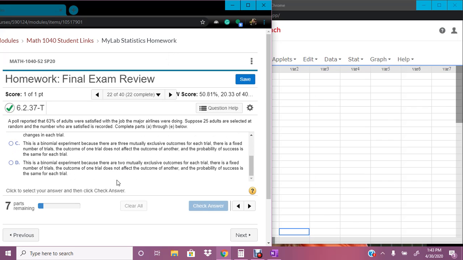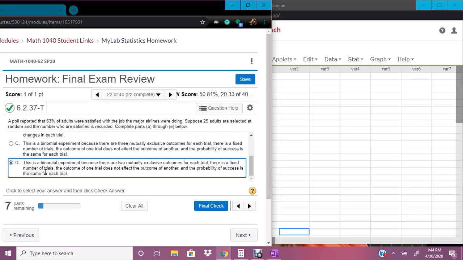So it looks like this one is what I just said: two mutually exclusive outcomes, fixed number of trials, outcomes do not affect each other, the probability of success is the same.